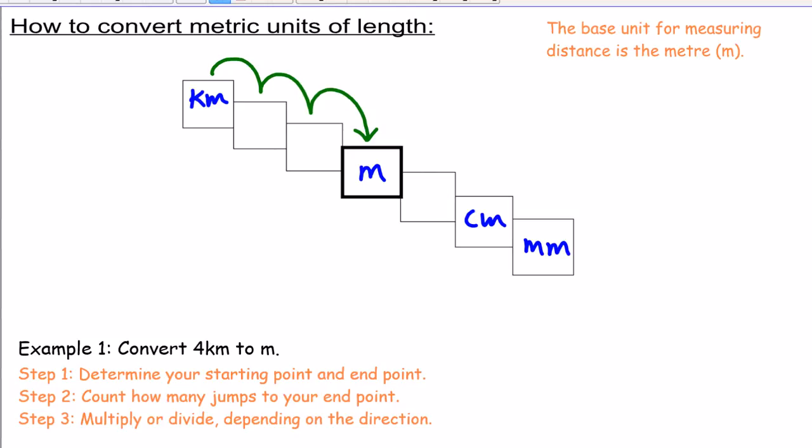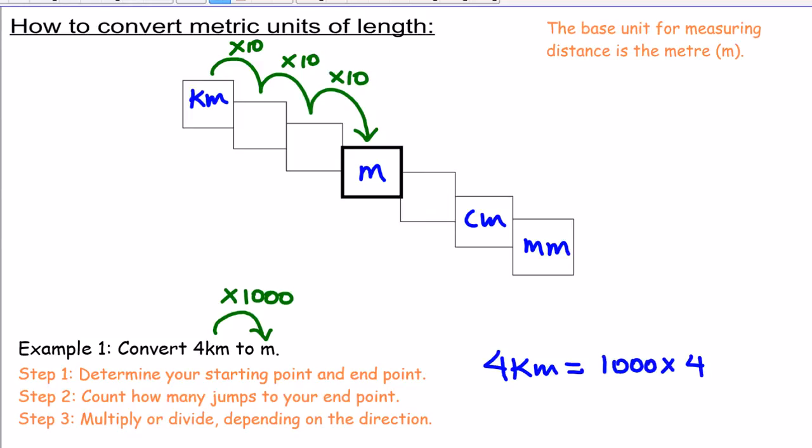Each jump, remember, is multiplied by 10, which means to move from kilometers to meters, that is equivalent to multiplying by 1,000, which means 4 kilometers will be equal to 1,000 multiplied by 4, which will be 4,000 meters.